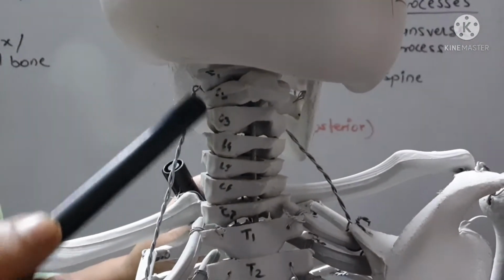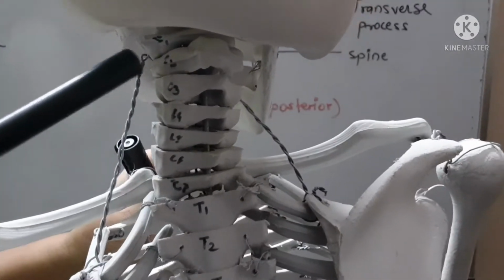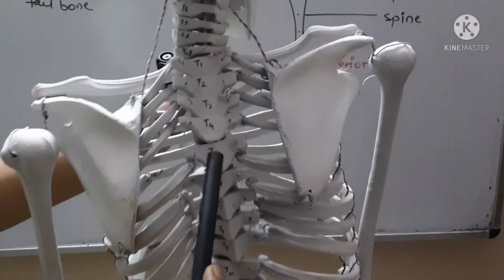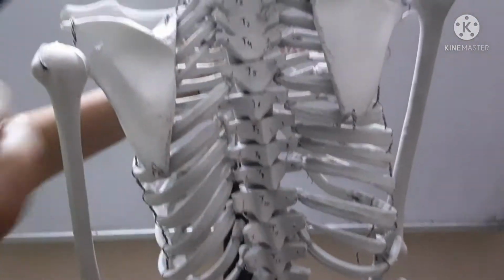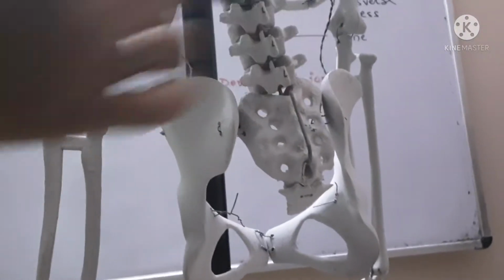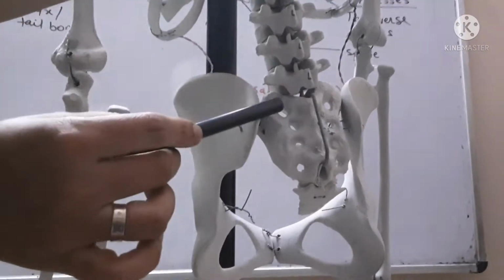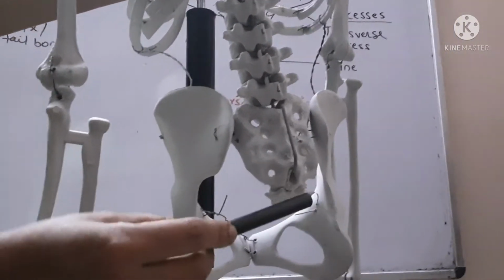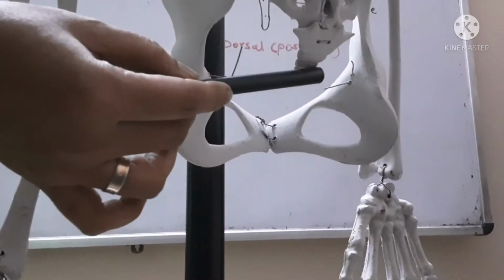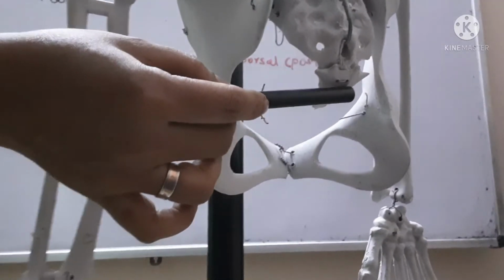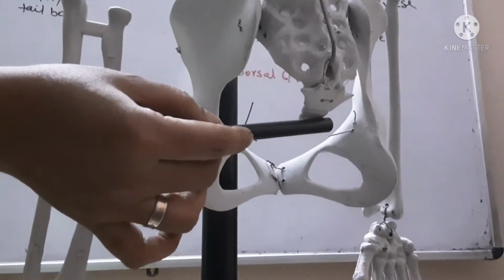These 33 vertebrae, depending upon the regions where they are present, are classified as cervical vertebrae, which are present in the cervix or neck region, named C1 to C7, 12 thoracic vertebrae, which are present in our chest or thorax region, 5 lumbar vertebrae, which are present in the abdomen or lower back region, 5 sacral vertebrae in the lower back region again, and 4 coccygeal vertebrae, which form the tail of the vertebral column, known as the caudal bone.